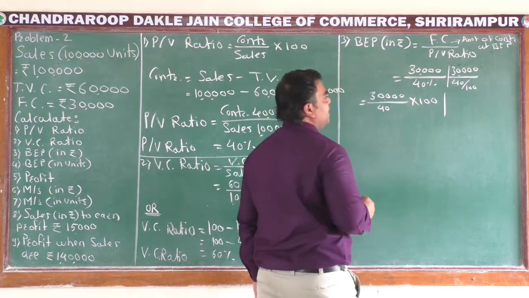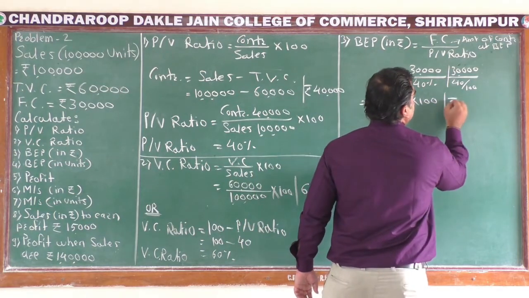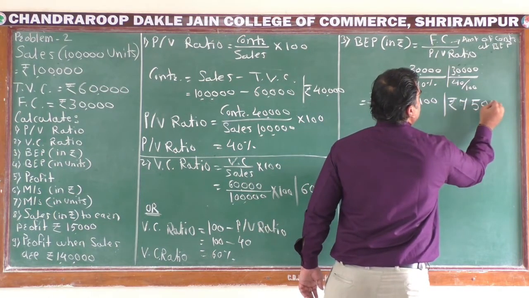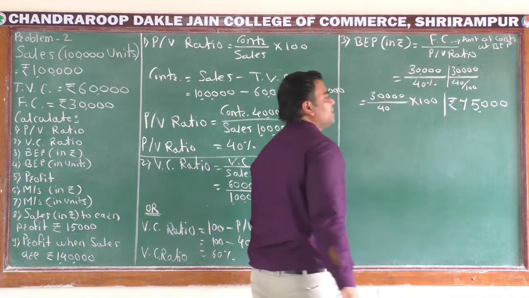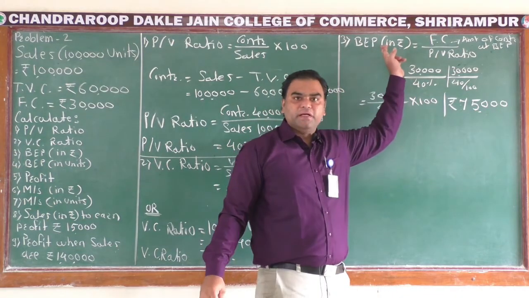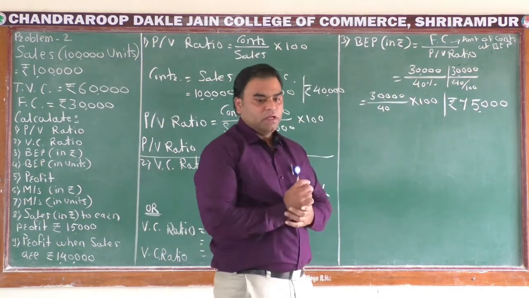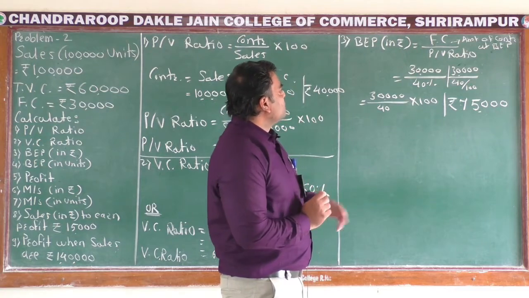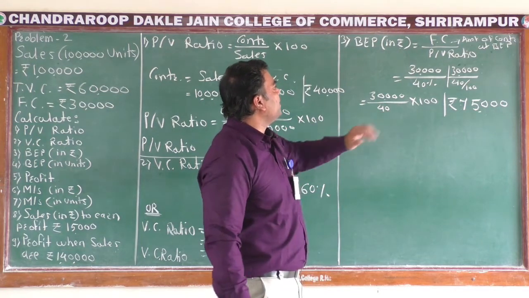Here BEP rupees will be rupees 75,000. 75,000 is our BEP rupees. So we have calculated BEP rupees.